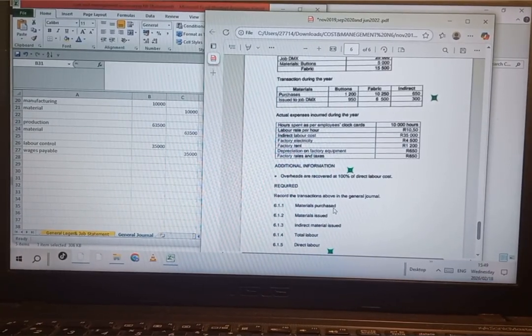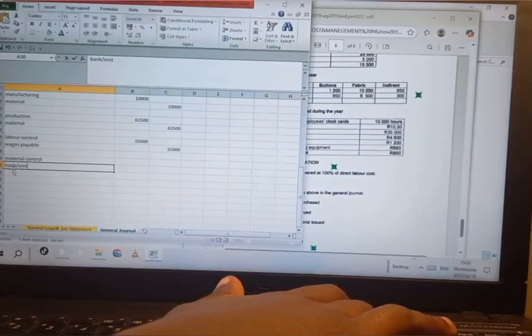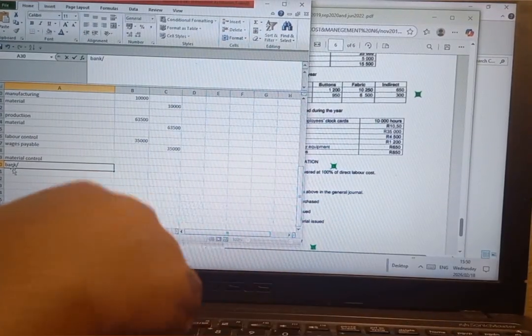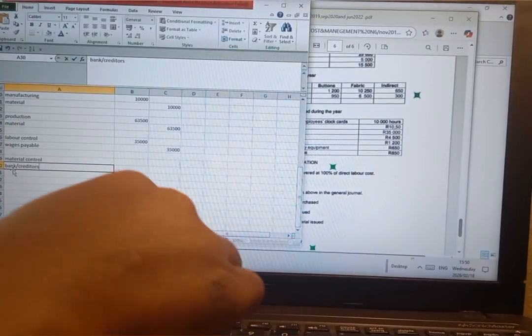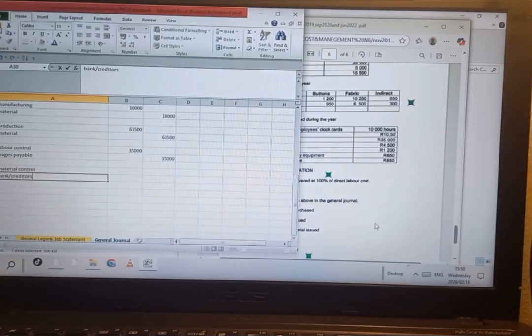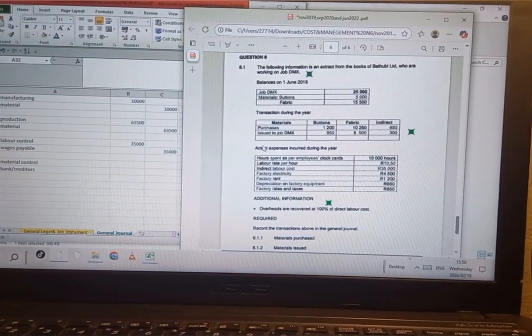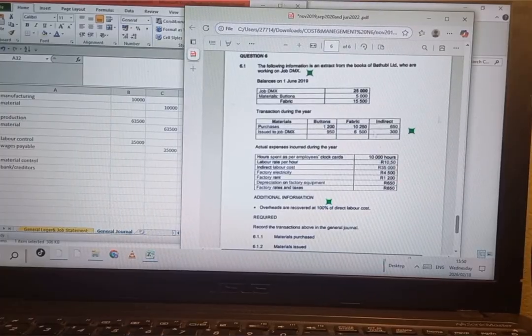Let's just do it, guys. We debit material control, credit bank or creditors, because we don't know if goods and services were purchased cash or on credit. And then here are our purchases.